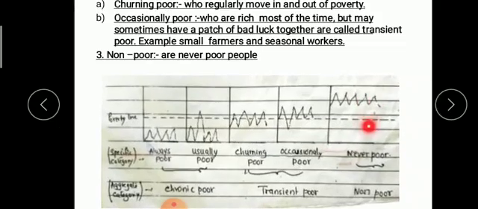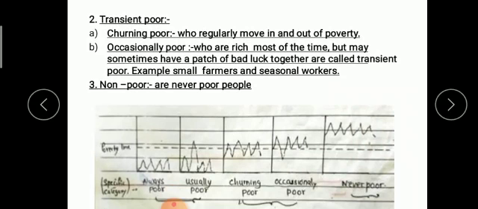Then the second one, transient poor, again categorized into two. Churning poor means who regularly move in and out of poverty, kabhi idhar, kabhi udhar.